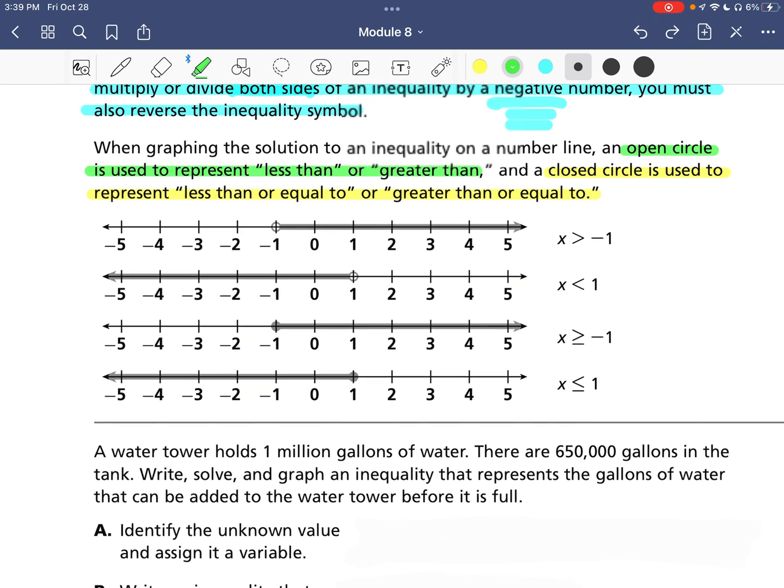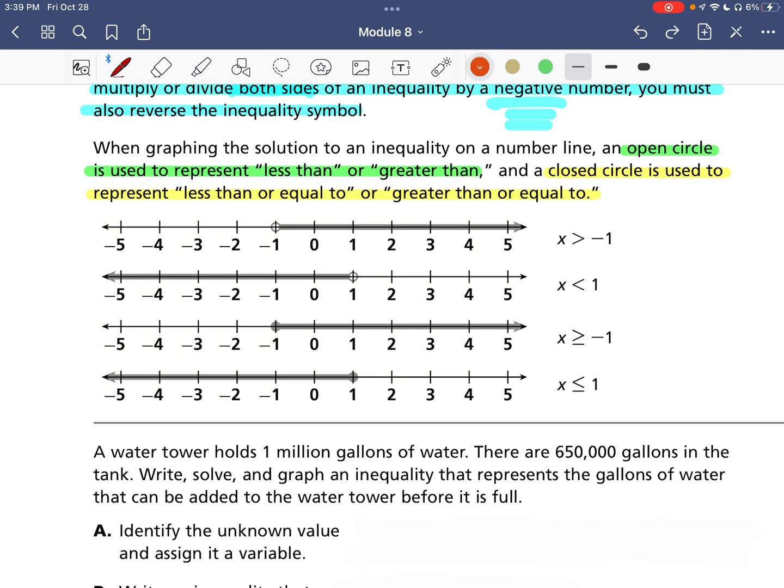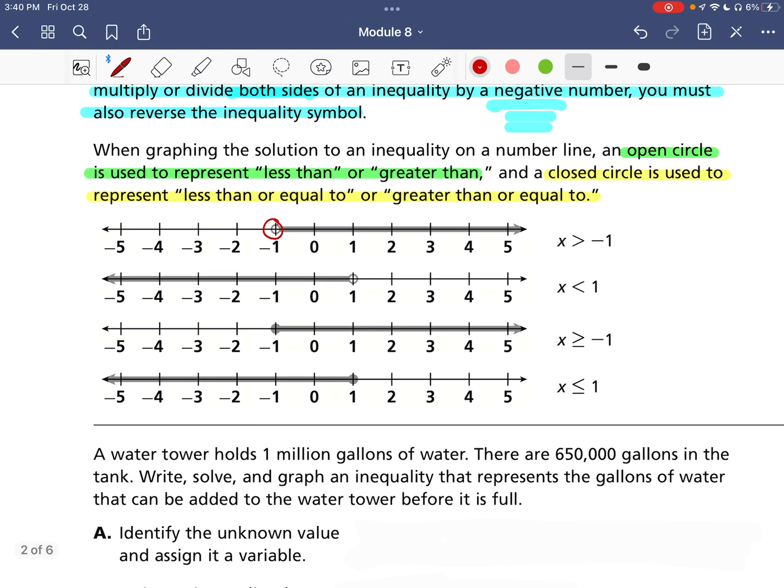Okay, so here's some examples. We have x is greater than -1. So there isn't any or equal to sign, so we have an open circle. And then we're talking about values that are greater than -1.